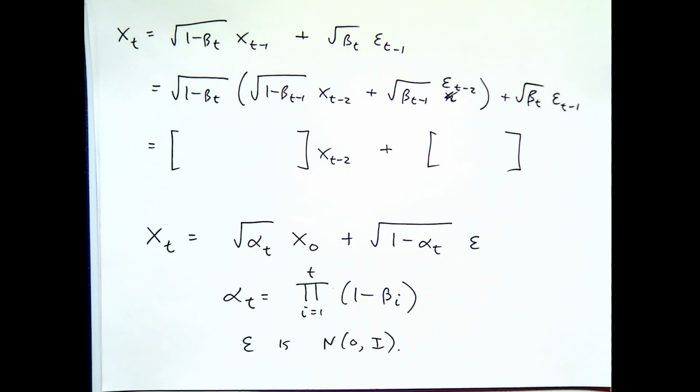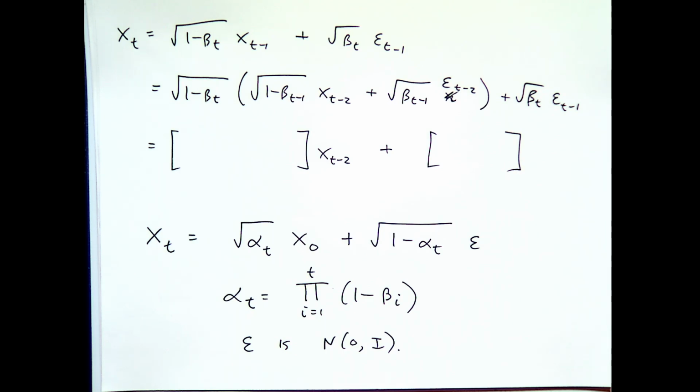And so I can think about this process either as incrementally adding a bunch of noise by means of little increments of beta, or I can think about it as jumping from x of 0 to x of t by taking the original image and adding some bigger Gaussian noise image, right?